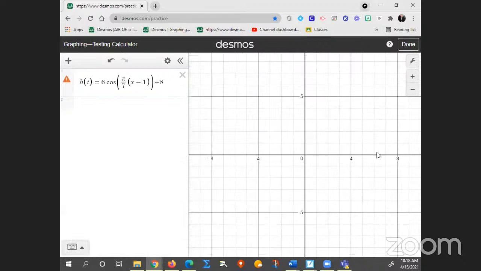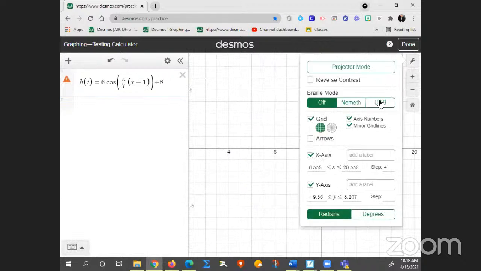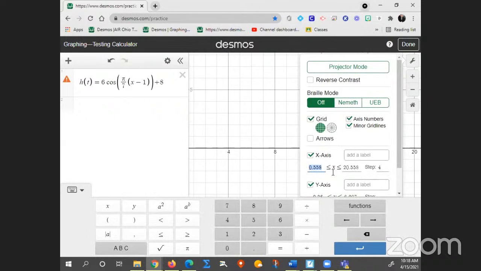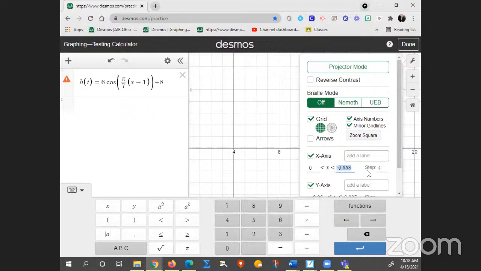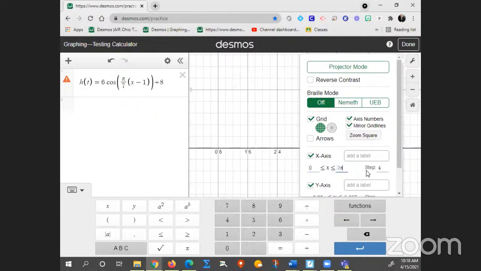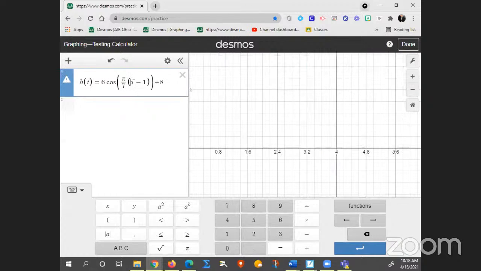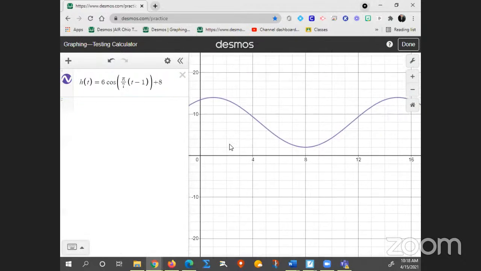So I'm going to go back to a standard screen here, in radians. Oh, it's because I put an x in here. I was like, what happened? All right, so here it is.